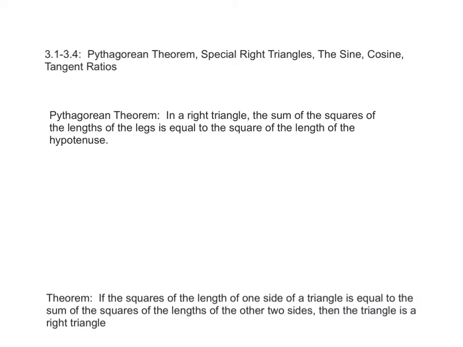So Pythagorean theorem says, and I'm sure we've all heard this before, in a right triangle. Now that's important. This only applies for right triangles. A right triangle is a triangle that has a right angle or a 90-degree angle. It says the sum of the squares of the lengths of the legs is equal to the square of the length of the hypotenuse.